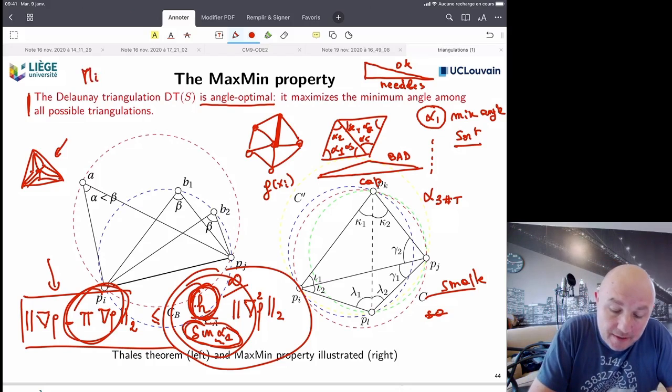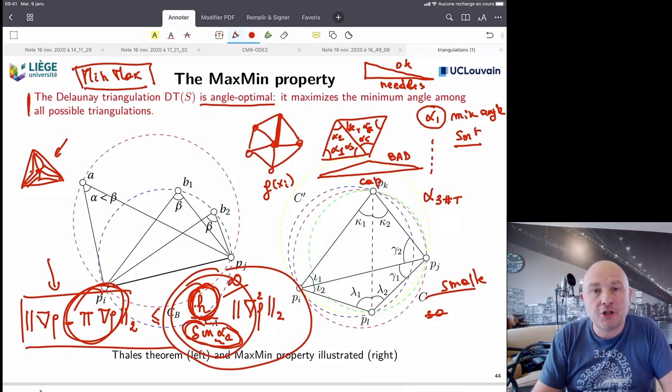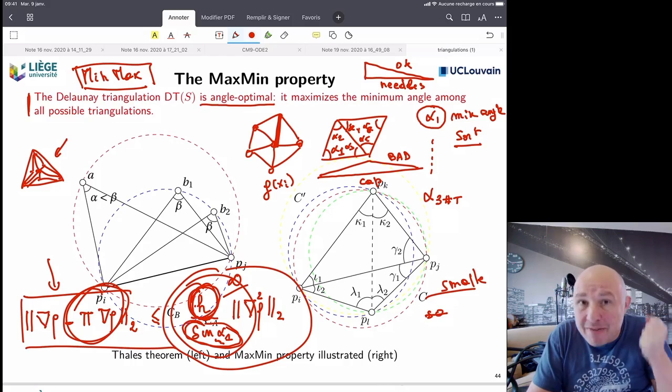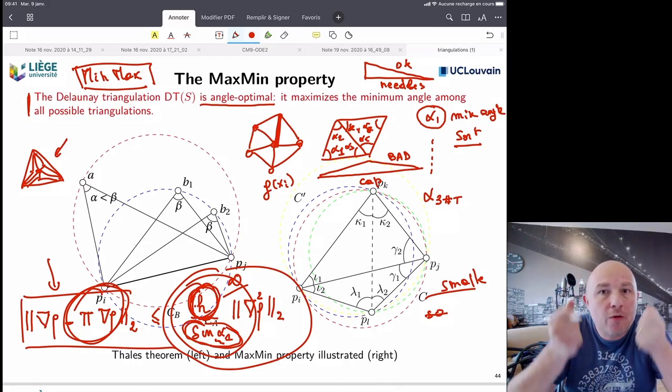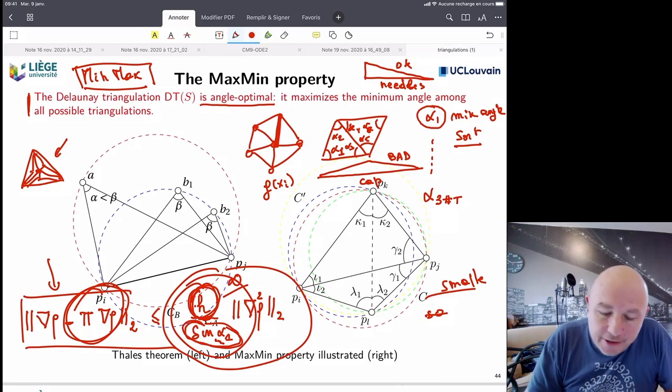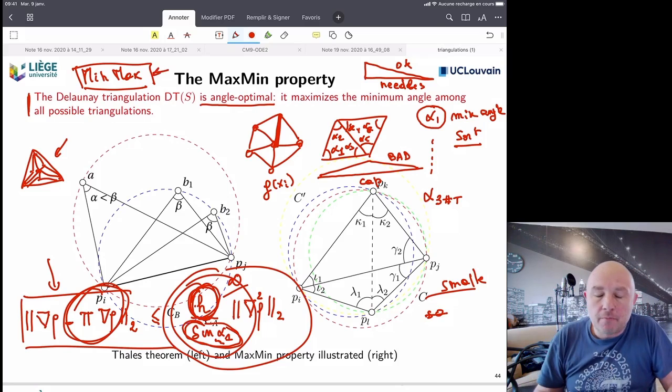A min-max triangulation would be loved by finite element practitioners, because it would minimize the maximum angle. And the maximum angle is the one that we want to control if we want good interpolation properties of our scheme. And there is no good algorithm to build a min-max triangulation.